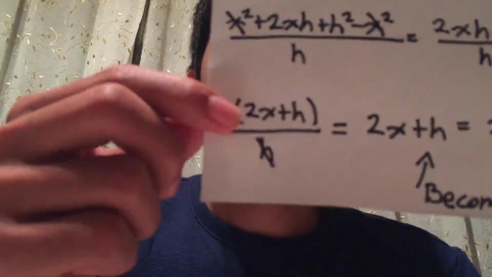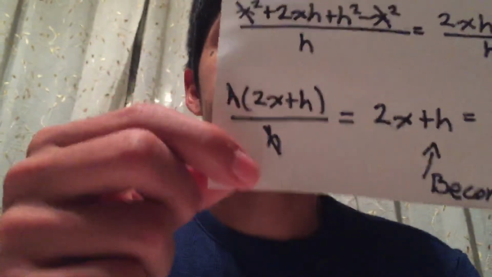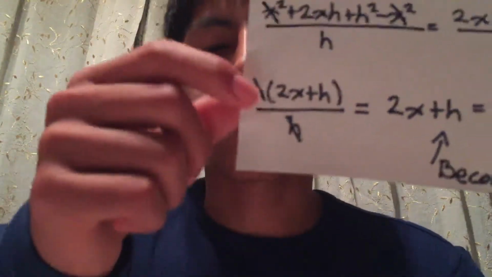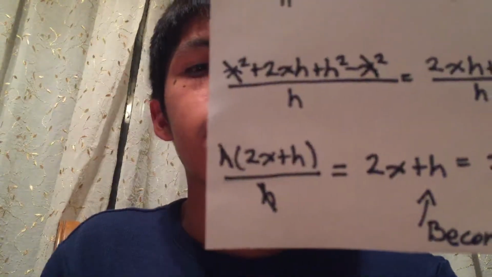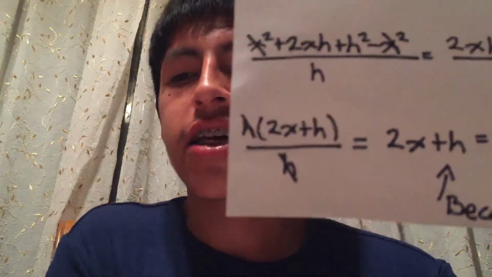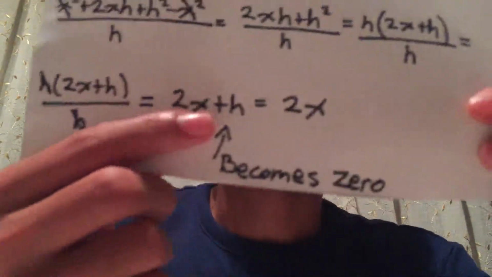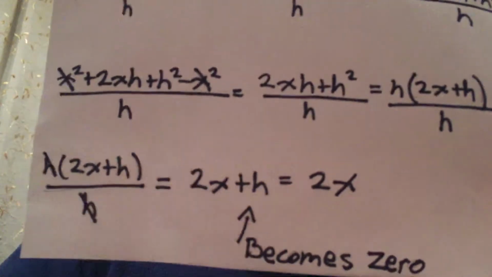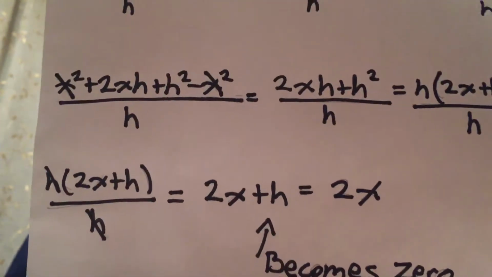We cancel out the h's that are from the numerator and the denominator, and this is helping us because that's what essentially we want to do. We want to simplify this in a way where we can take out that h so that it won't be a pest to us anymore, and that leaves us with this problem, 2x plus h.